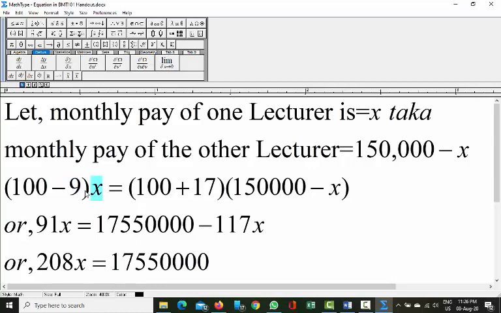So 100 minus 9 multiplied by x. Decreased by 9% means 100 minus 9 multiplied by x, where 100 is the percentage base.